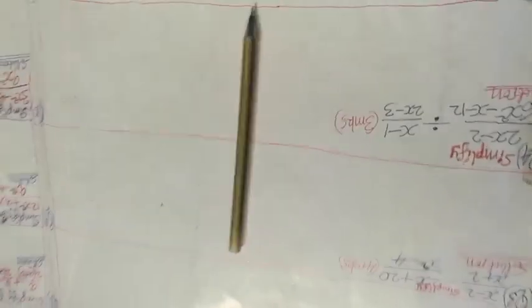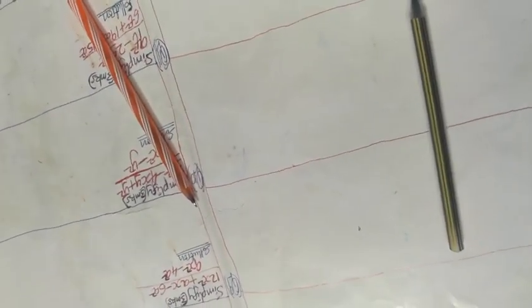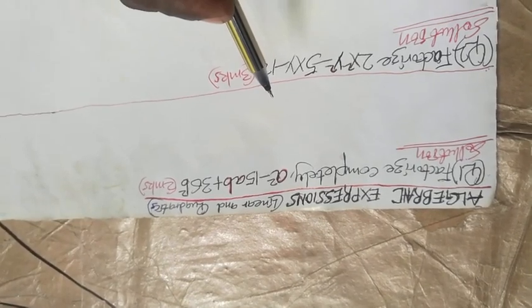So we are going to continue with question number 1. Question number 1 states: factorize completely a squared minus 15ab plus 36b squared, 2 marks.